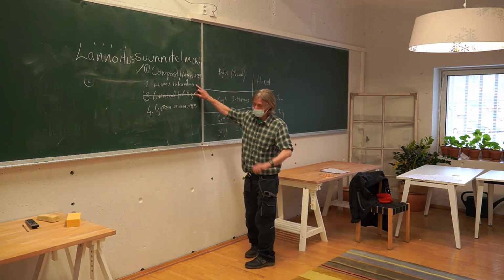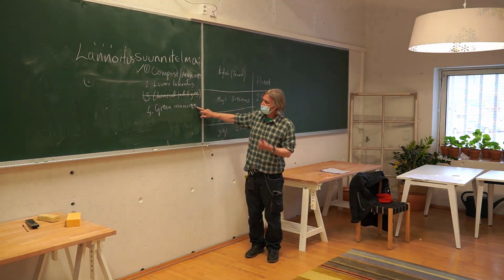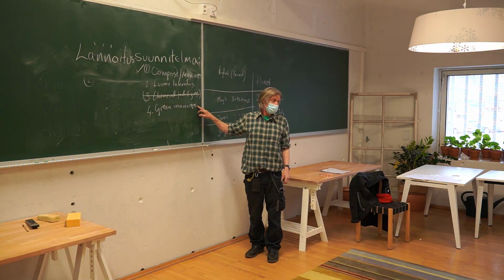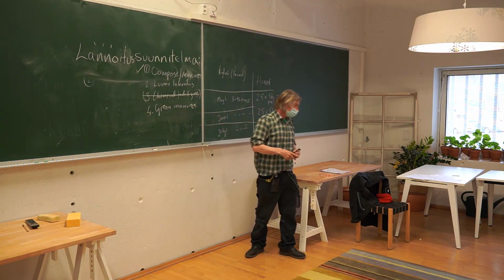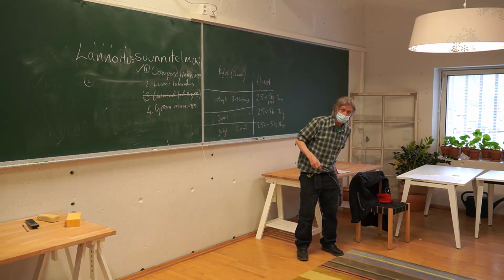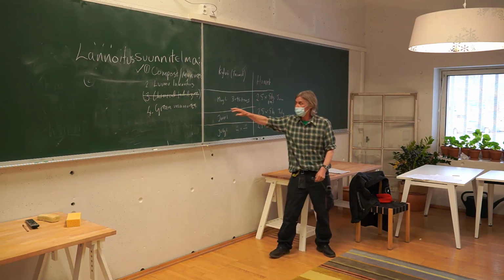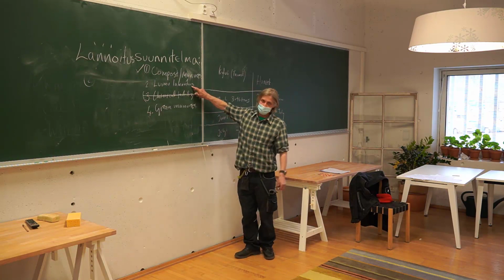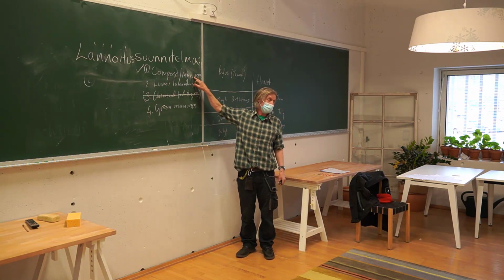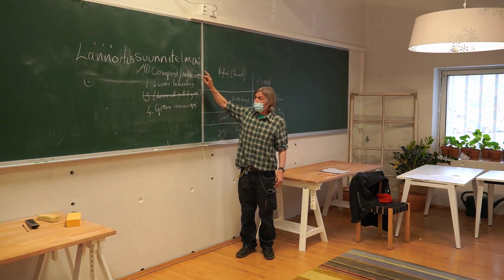So we've got the luomulannoitus, and then we have viherlannoitus, which, some of you might have heard or visited Green City Farm, have heard about viherlannoitus. We use this on Green City Farm, because it's very hot. We're trying, from kitchen composting and from buying in, to get going on this.